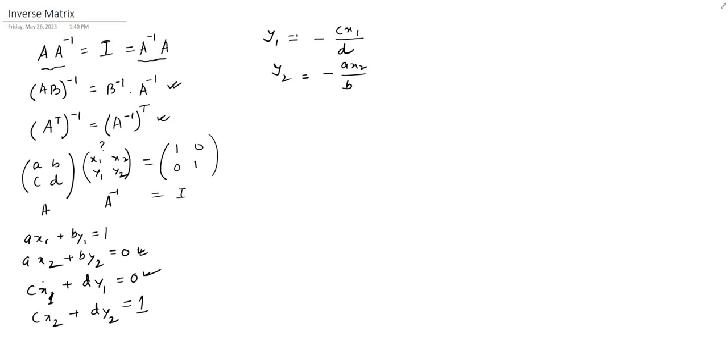Now what will happen, we'll put these values, this y1 will replace into this place and we'll find the x1. So a x1 plus b times y1, where y1 is replaced by this, so minus c x1 by d equals 1.